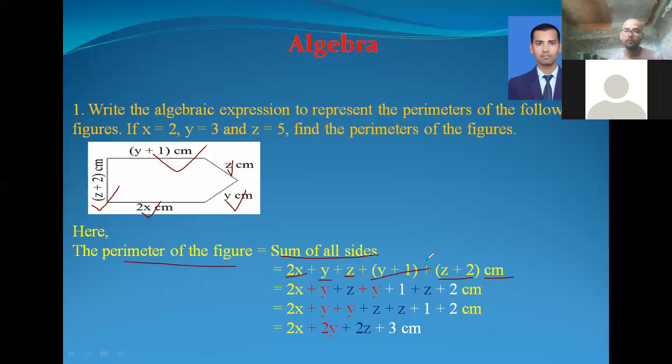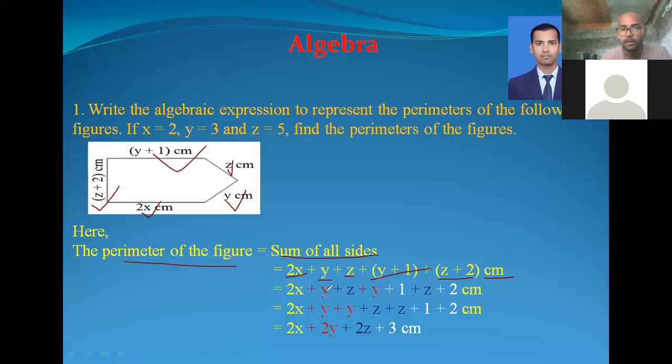We remove the bracket in the second line, and centimeter. Then after, we should match the like terms, and I think you know about like terms very well because we learned about them in our previous classes. That's why we need to match the like terms.